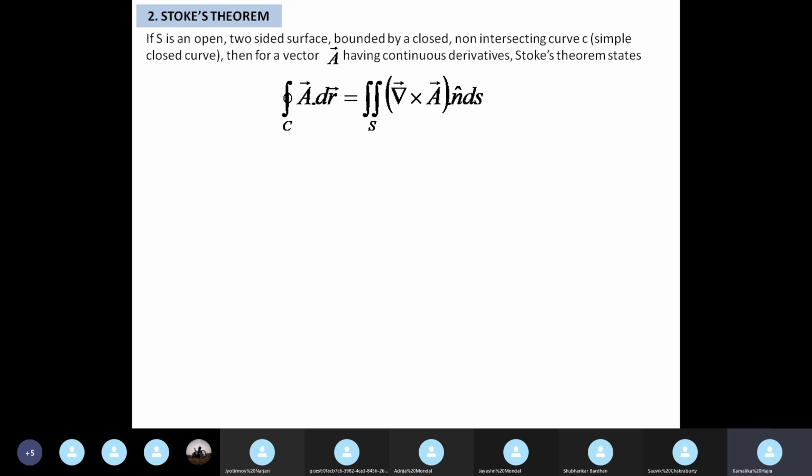So whereas Gauss's divergence theorem converted a surface integral into a volume integral, Stoke's theorem is a relation between a line integral and the surface integral of the curl of the same vector.